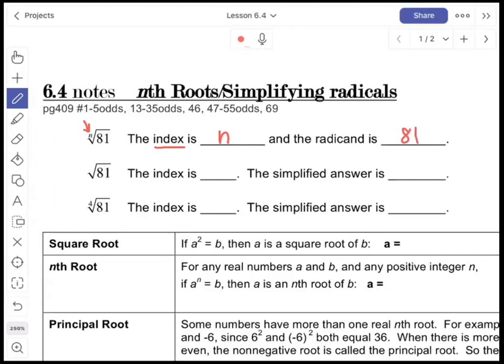All right, next one. What is the index in this case? It's a little less obvious. So go ahead and put down what you think the index is for the second line. Good, I got one right answer.